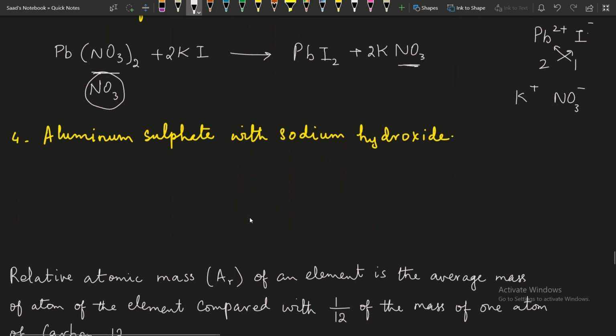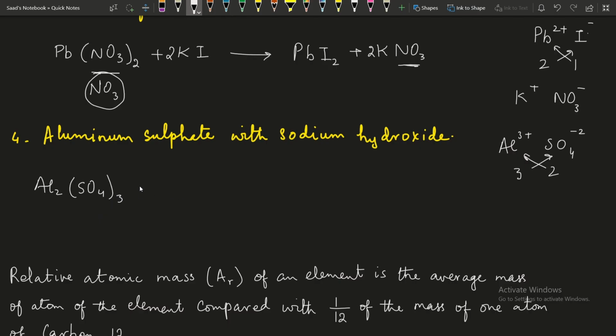Now the next one is aluminium sulfate. Aluminium sulfate, again write the correct formula. First of all you need to write the correct formulas and then we'll do the balancing. This is sulfate. So that makes the formula of aluminium sulfate as Al2, and we should write sulfate inside the bracket because it has to be multiplied with 3.